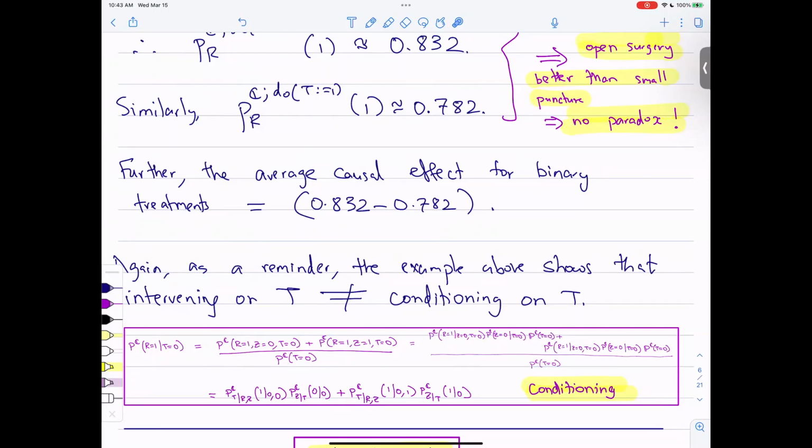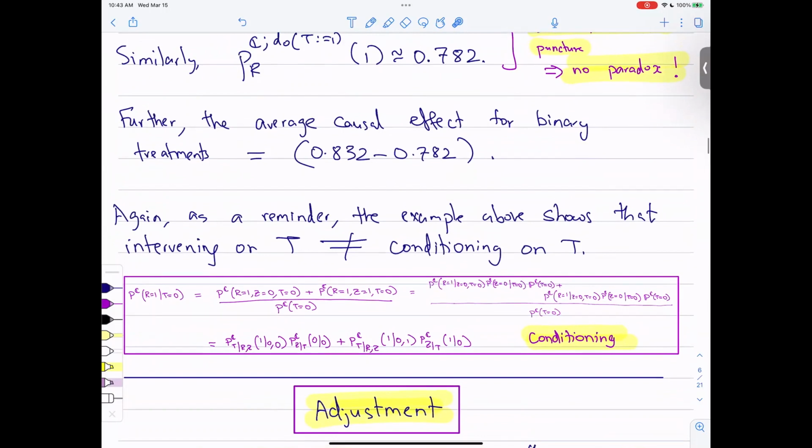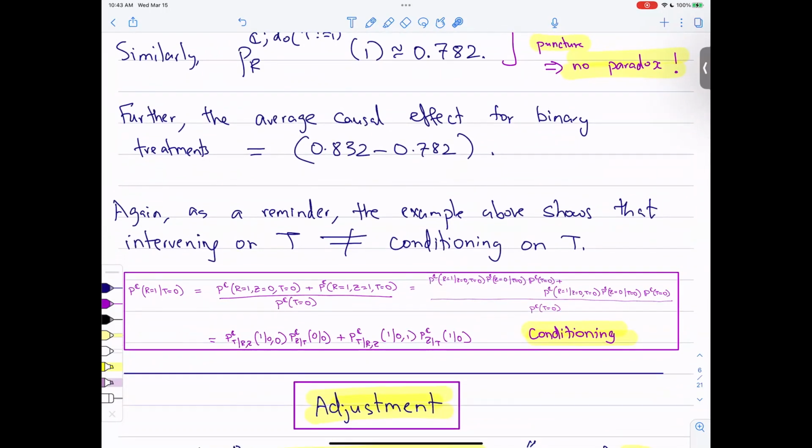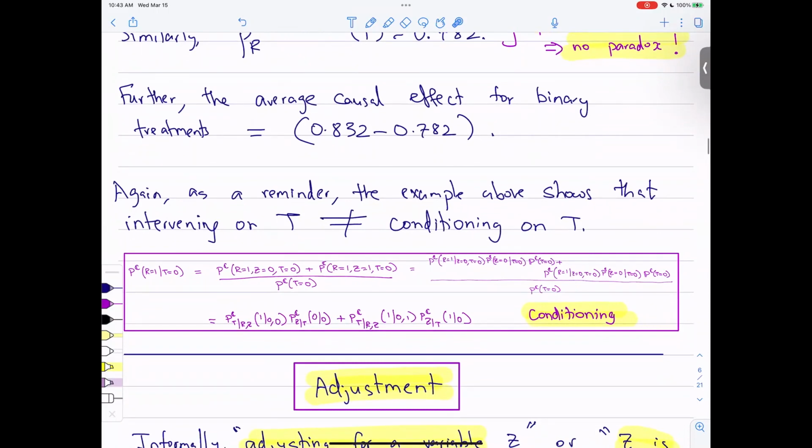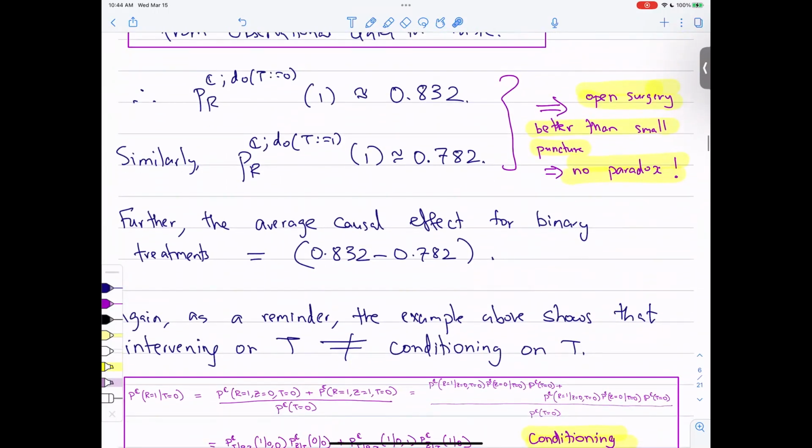Okay, thank you. I have a question. So, while calculating with do, you take do treatment equals 1. Then you calculate this probability with respect to all the possible sizes of kidney stones, right? With z equals 0, z equals 1. Correct. So that doesn't explain the removal of the paradox. Like you can still have the paradox if you calculate do treatment equals 1 and kidney stone equals 0.